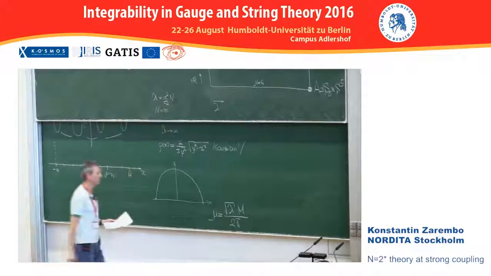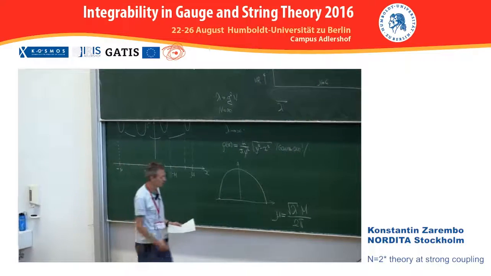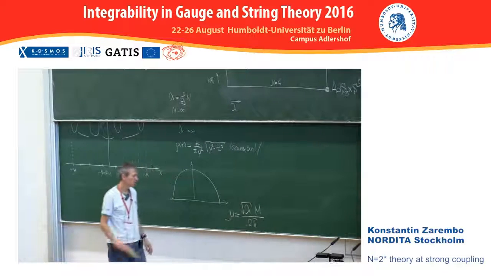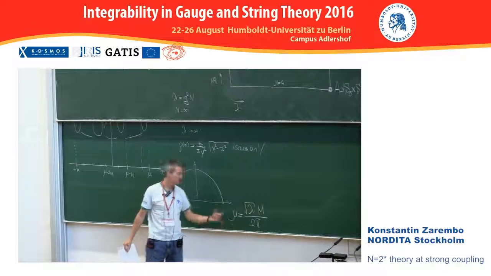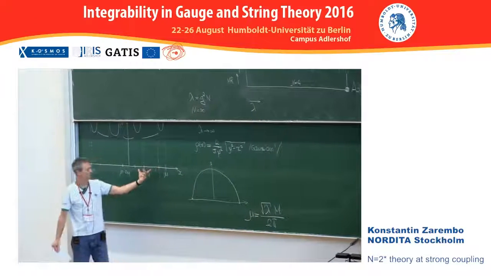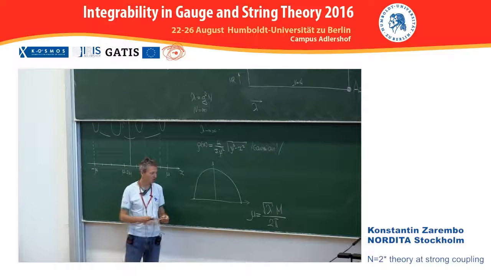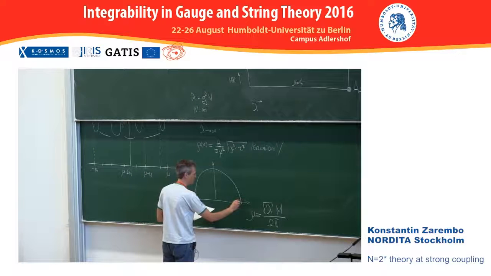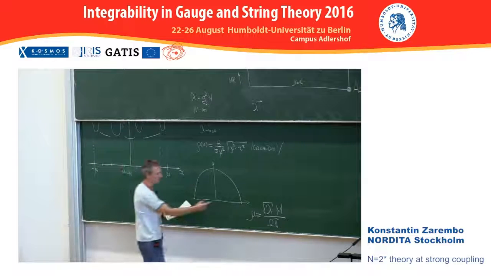So one can calculate it in the leading approximation, and you see that it grows with lambda. So in particular, at very big lambda, it becomes much bigger than m. So there are many, many intervals of length m that fit into the eigenvalue distribution. And so these branch points are densely fitted into the eigenvalue interval.